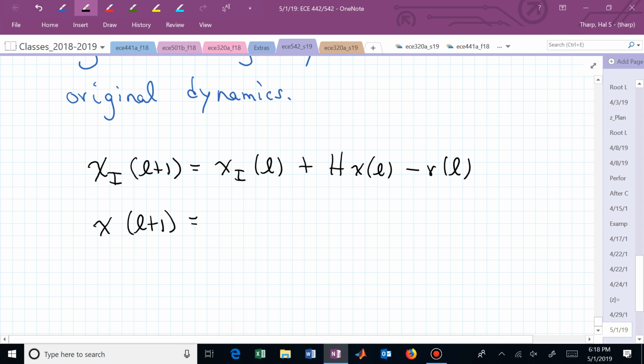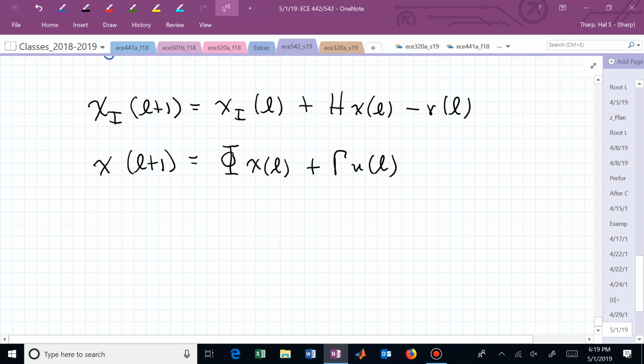X at time L plus 1 is phi x of L plus gamma U of L. Now I'm actually doing it in the opposite stacking arrangement than what I was talking about before.